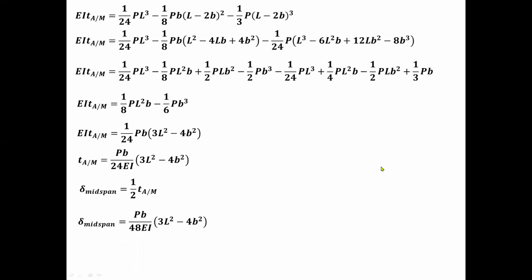Continue nyo hanggang sa umabot tayo dyan, hanggang sa ating maderive ang ating formula. Okay, at midspan, 1 half TAM. Okay, 1 half eh. And what is the answer? This is it. Ganyan siyang na-derive yung formula natin ginagamit lagi kapag hindi symmetrical yung beam. Okay?